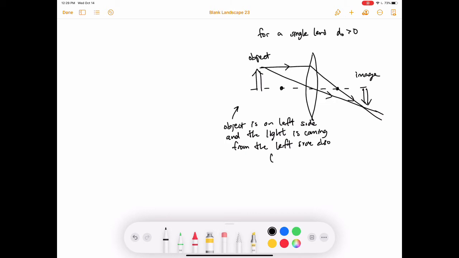So our sign convention says if the light is coming from the same side of the lens as where the object is, then you have a positive do. That's always going to be the case if you have a single lens. It's only when we have multiple lenses where you can get do to be negative. And we're not quite ready to talk about multiple lens systems yet, so we'll see that when we get there.